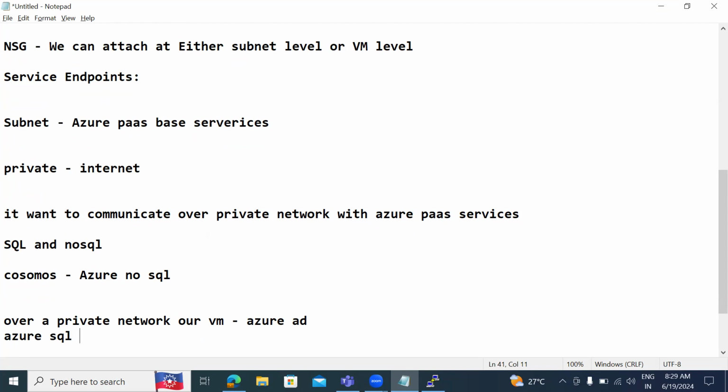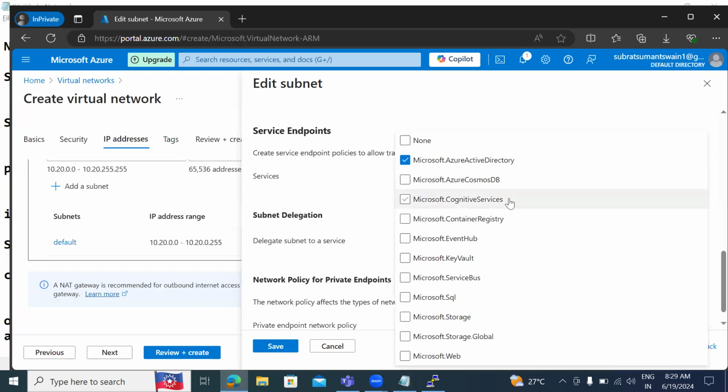Normally it requires internet. Even if you have the internet, I don't want to communicate over a public network. I want to communicate only over the internal private network itself. For that purpose, for the subnet, we need to create an endpoint.